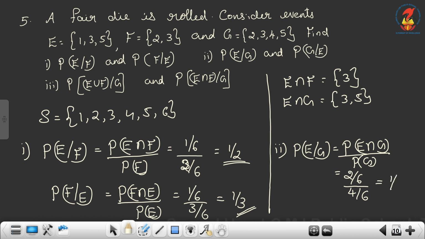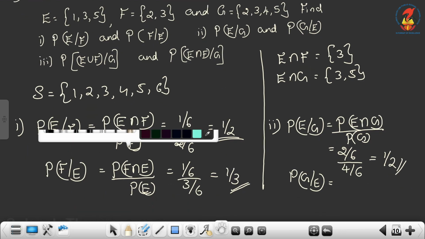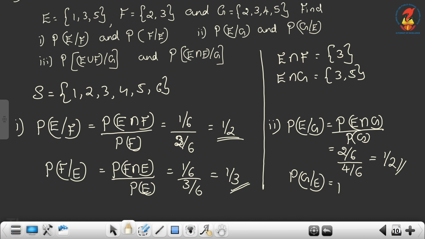So it is 1 by 2. Second one is also 1 by 2. Now what is P of G given E? G given E means P of G intersection E by P of E. G intersection E is same as E intersection G, 2 by 6 by, in E 3. So it is 2 by 3.